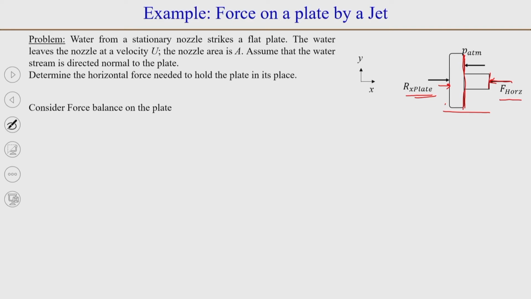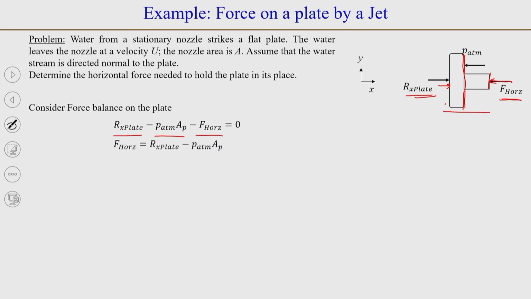So, P atmospheric into A p will be the force in the negative x direction because of the surrounding air, and the horizontal force that you will need to put additionally to hold the plate stationary. When we write down this balance, we can write the Rx plate, the reaction force applied on the plate in the positive x direction, minus the pressure force P atmospheric A P in the negative x direction, and the horizontal force which is in the negative x direction.